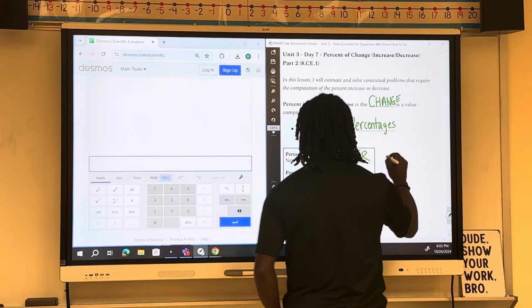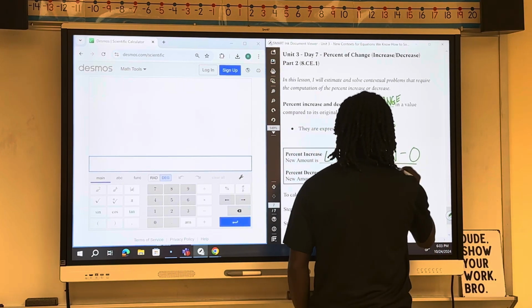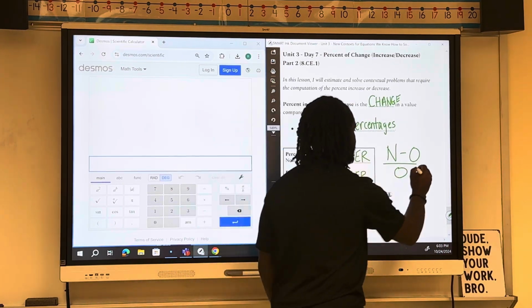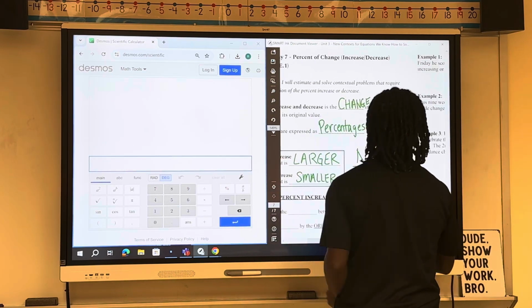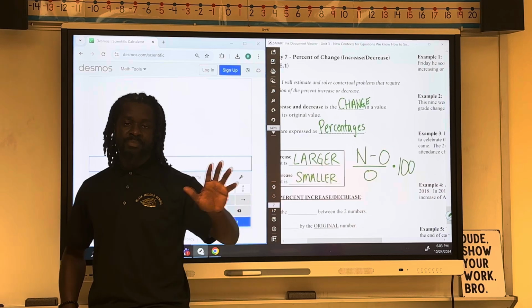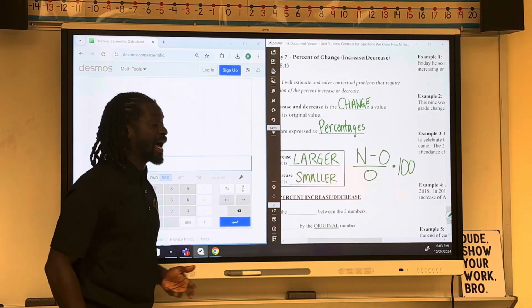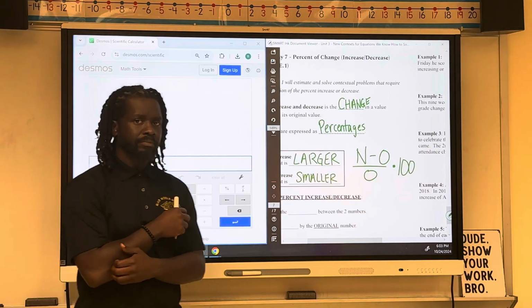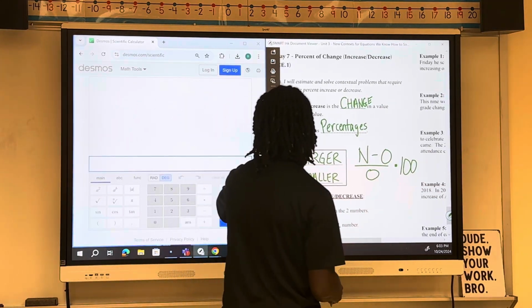So no is the new minus the original over the original times 100. So this is, again, really the setup, or kind of a formula, if you will, on how to determine the percent increase or the percent decrease, all right?